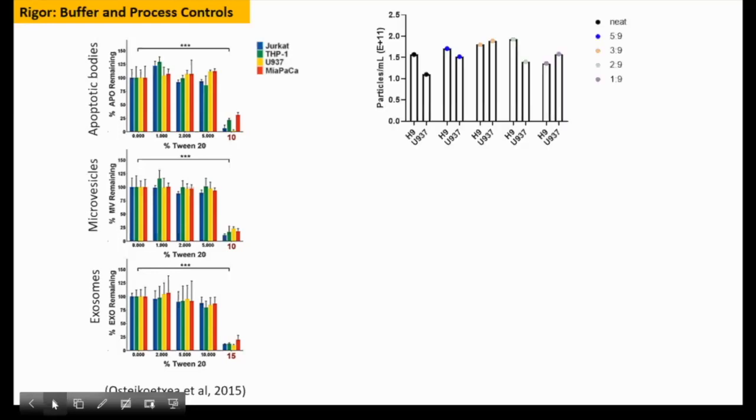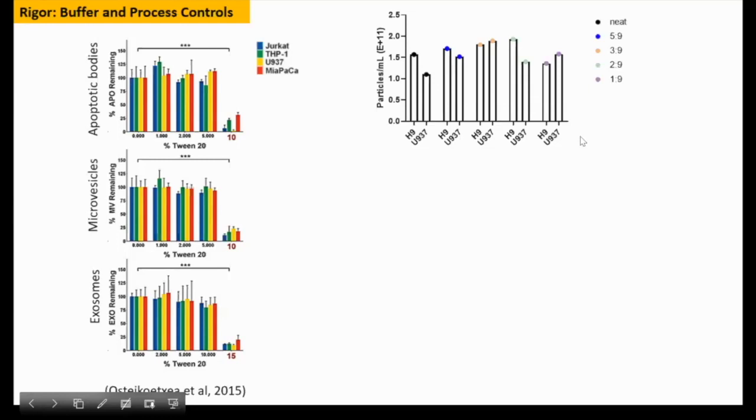Nevertheless, we wanted to test our archived samples, and therefore we suspended EVs in different percentages of Tween 20, ranging from 0.1% to 0.9% before subjecting them to MRPS measurement. The graph we are showing here is a presentation of results obtained for H9 and U937 side by side.